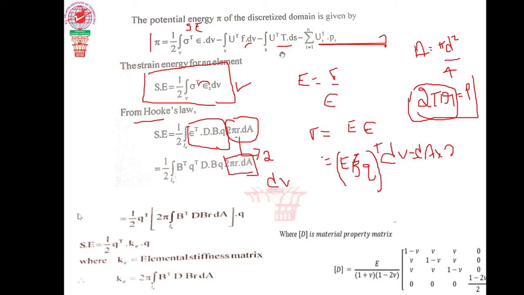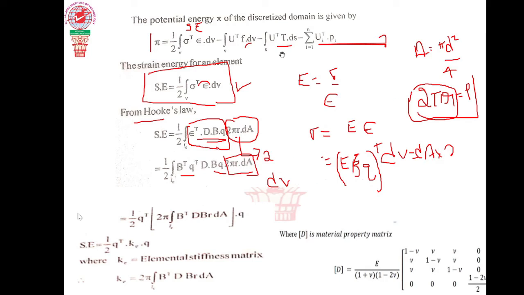Again, here epsilon is there. Epsilon means B into Q. That is what they did here. Clear? In place of epsilon transpose, they substituted B into Q, and in place of epsilon, B into Q. Is it clear? Okay. Into 2 pi r into dA. Already explained how we got 2 pi r into dA.